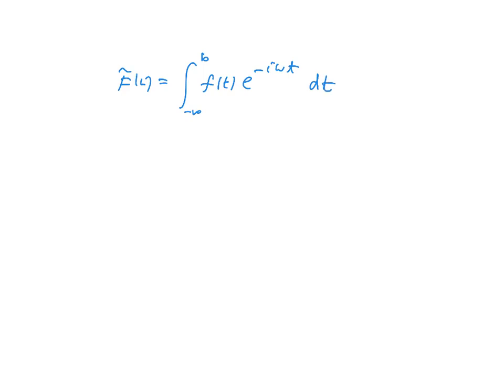What if f(t) becomes t f(t)? What is the Fourier transform? So t f(t) exponential minus i omega t dt.